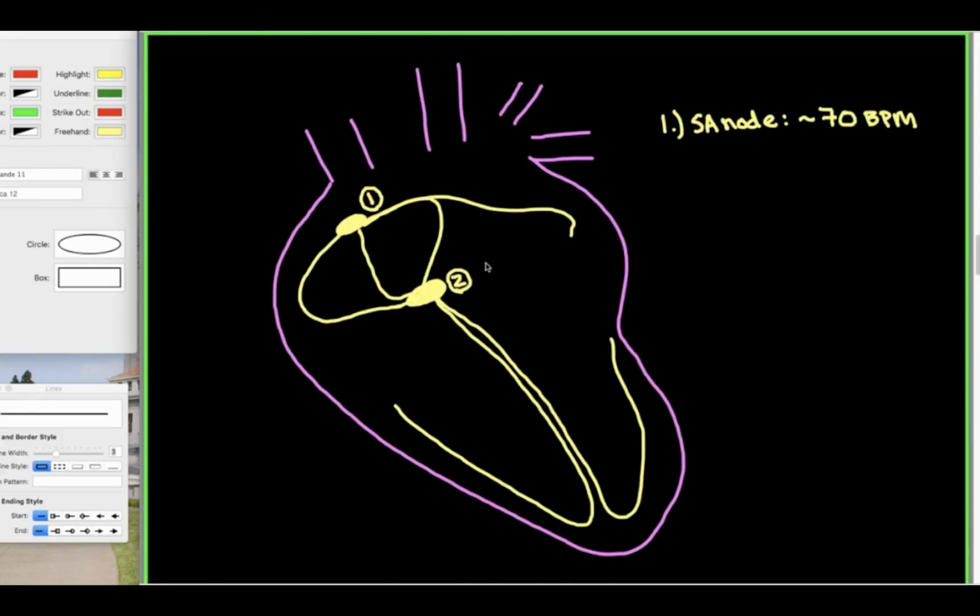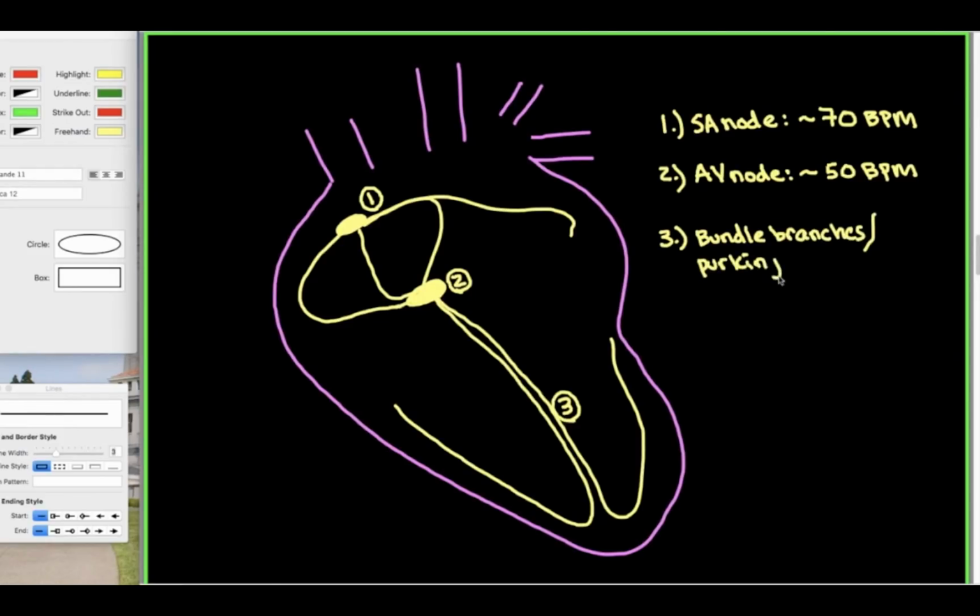We also have this other structure, among others, known as the AV node, the atrioventricular node. And the cells in the AV node tend to fire action potentials a little bit more slowly, only 50 times per minute. We have these structures down here in the ventricles, known as the bundle branches and the Purkinje fibers, so you might remember from anatomy.